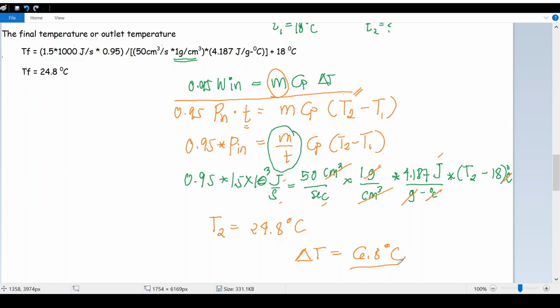Now, the 6.8 degrees Celsius may change depending on the flow, the volume of water that passes through the heater.